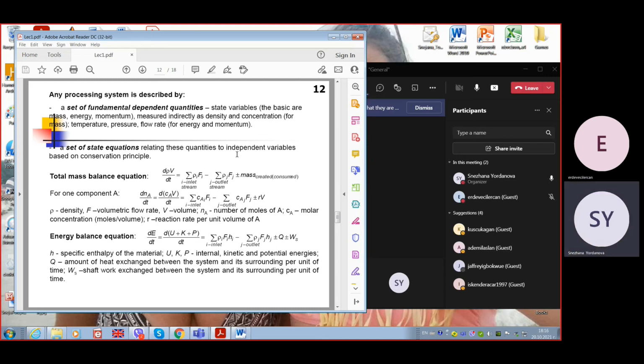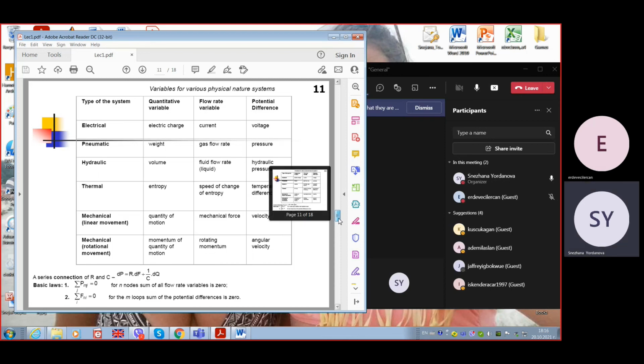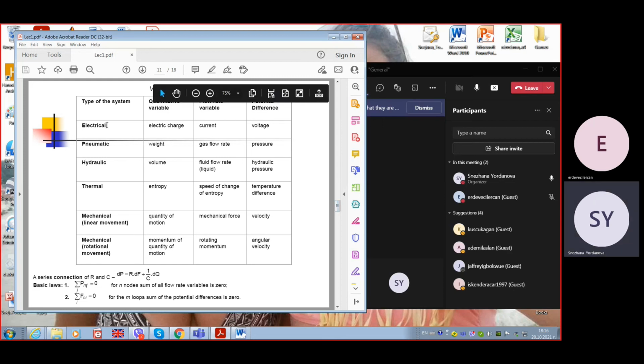External is also the cooling effect of the environment, if it's an open tank, from above or from the walls of the tank. This table showed us how to obtain a simple electrical system as a model of a more complicated one, and from it to derive the mathematical model using the basic laws which are derived for electrical circuits.